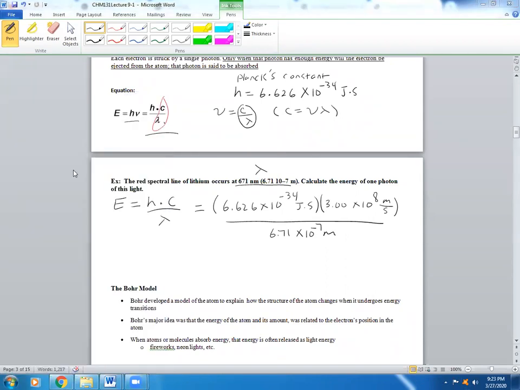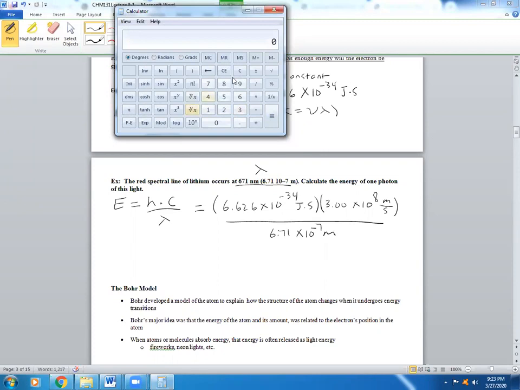So here's my calculator. 6.626 exponent negative 34th times 3 exponent 8th, close parentheses, divided by 6.71 exponent negative 7.